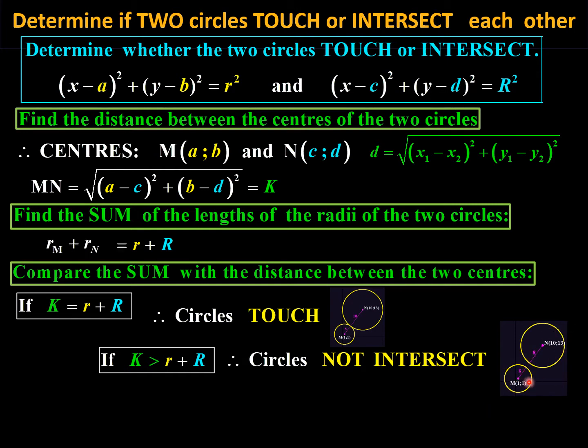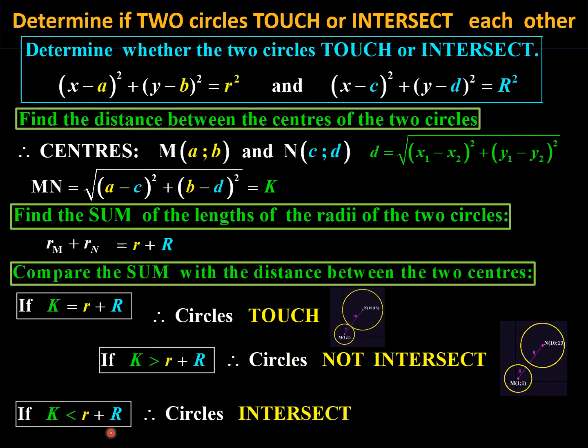So those two circles don't intersect. And then we have the last option, when the distance between the two centers is less than the sum, then the circles intersect or cut each other. If we look at it diagrammatically, we can see the distance is less than the sum. Therefore, the two circles will intersect each other. And you need to be able to distinguish between these three.